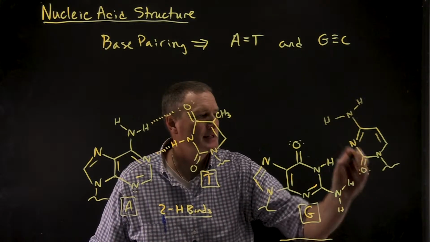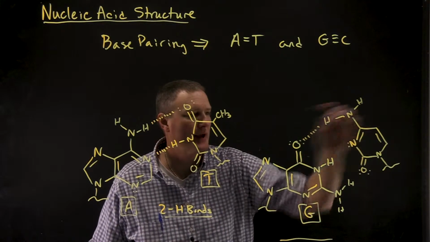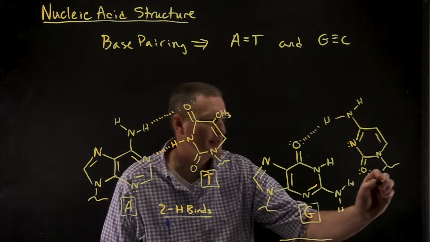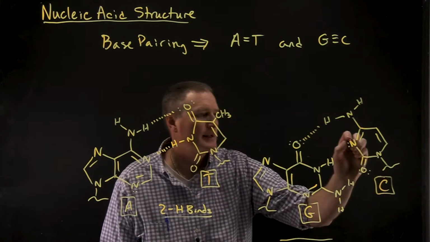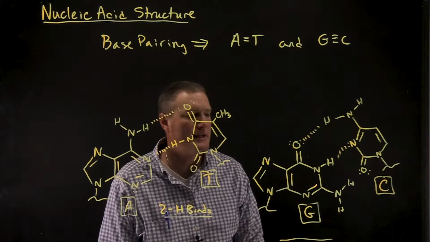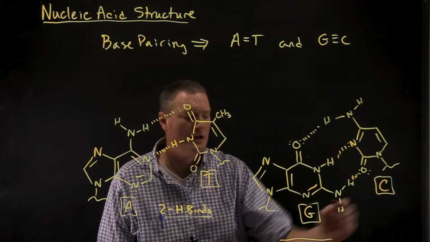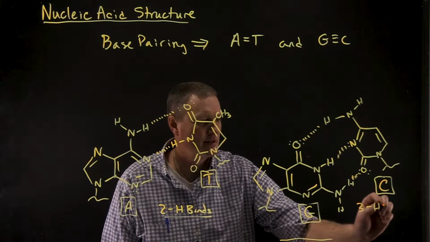And what this now does, it positions the carbonyl of G next to the exocyclic amine of C. This is C, by the way. The nitrogen here in the ring is next to the NH bond, and then likewise we have the exocyclic amine of G next to the carbonyl. So this has 3 H bonds.